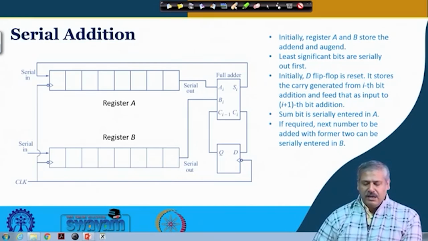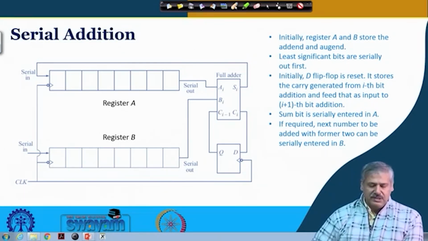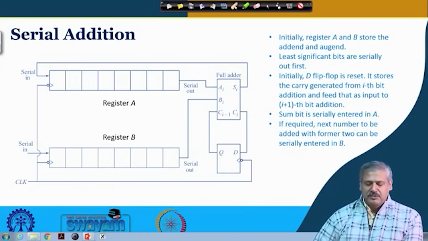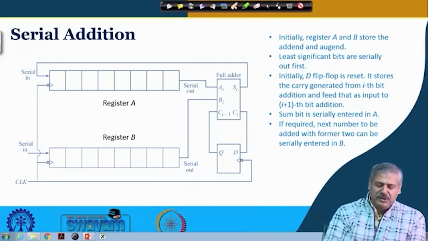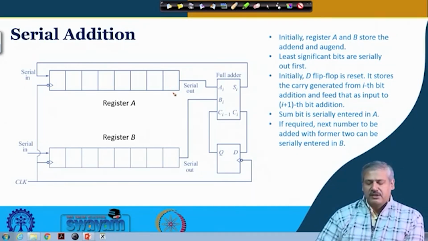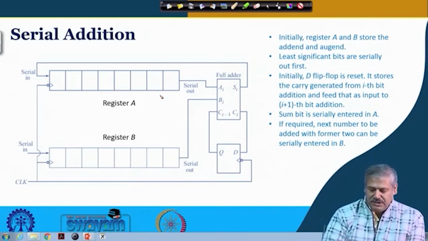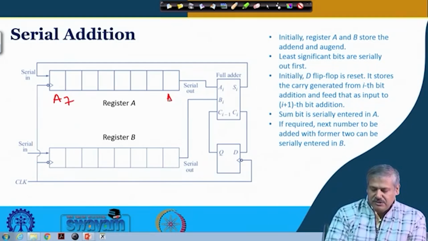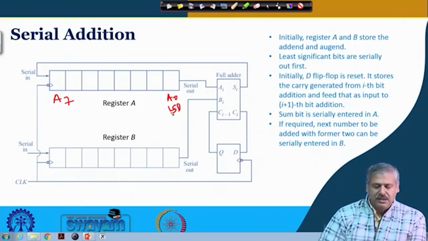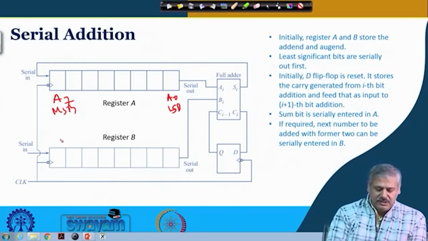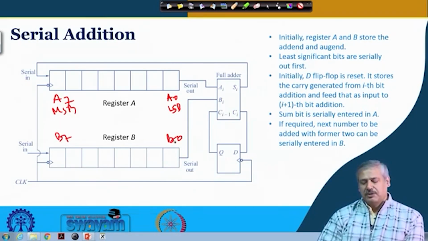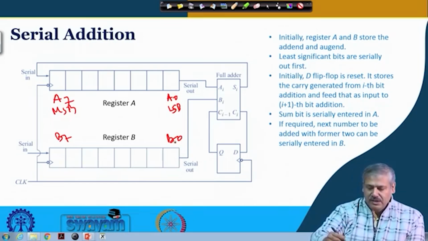And when you are clocking it, it is coming serially out, and the way it is put, the most significant bit is this side and the least significant bit is the other side. So, if it is A7, then this is A0. This is the LSB, and this is the MSB. Similarly, this is B7 and this is B0. So, this is the way initially it is put.